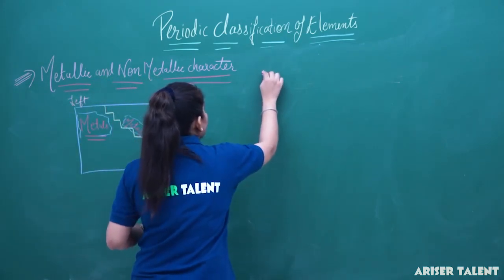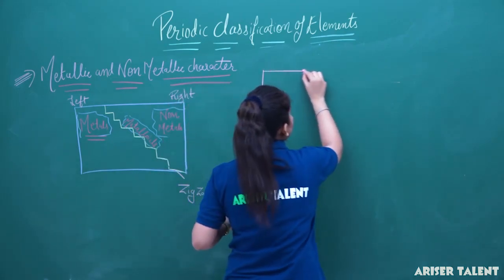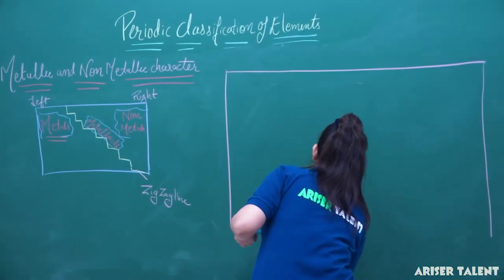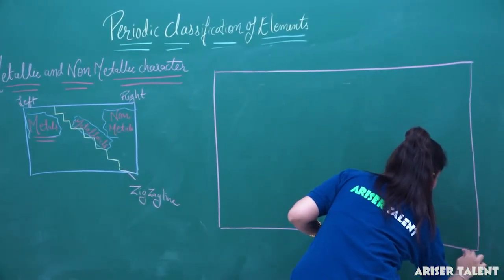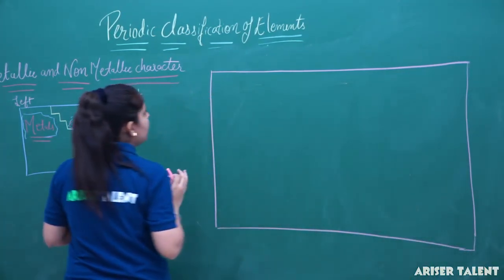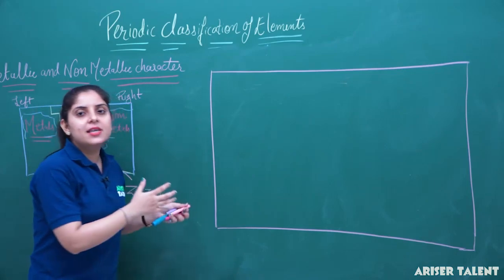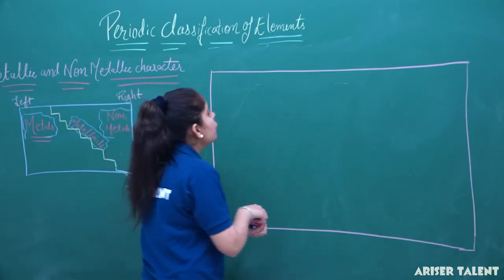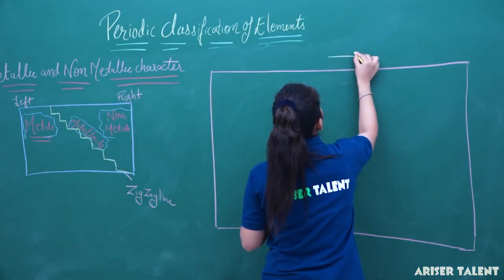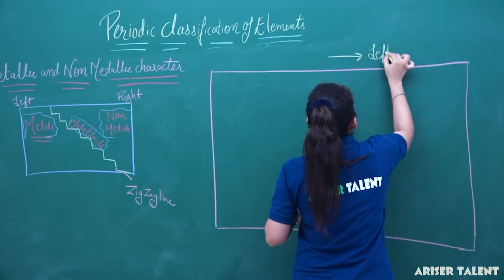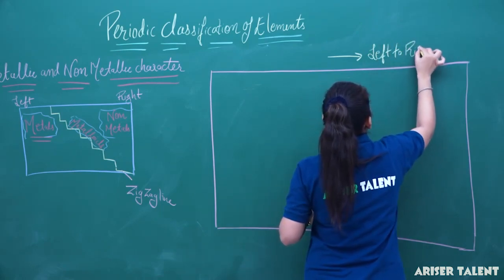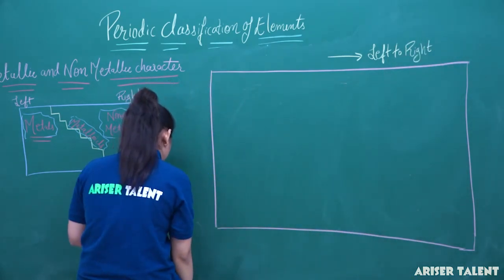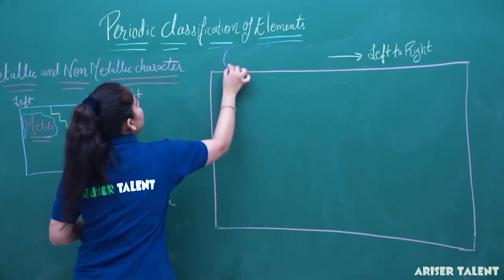So we can see that this is our periodic table. This table I am drawing here is for your exam purpose only. So you can easily go through this table and learn how the basic properties show the trend in the periodic table. So you can see that this is our left to right. If this is left to right, we can say that these are periods.